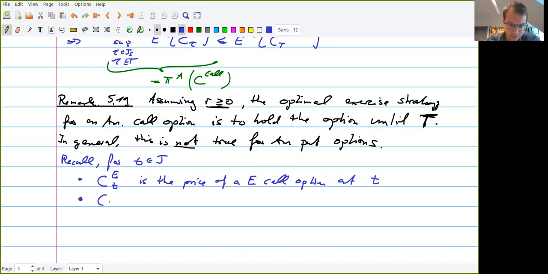And in the same manner, P^A_t is the price of the American put option at time t, right?